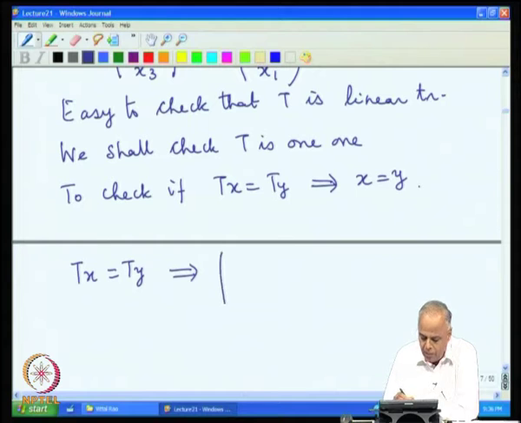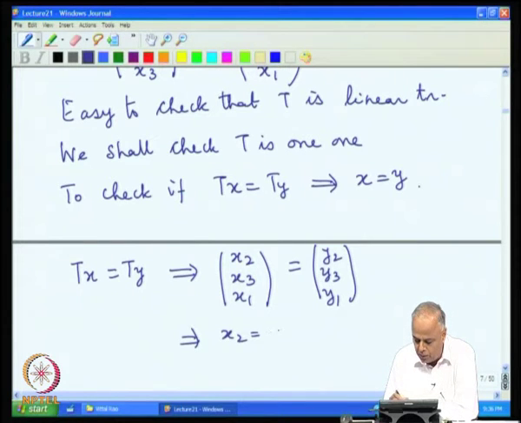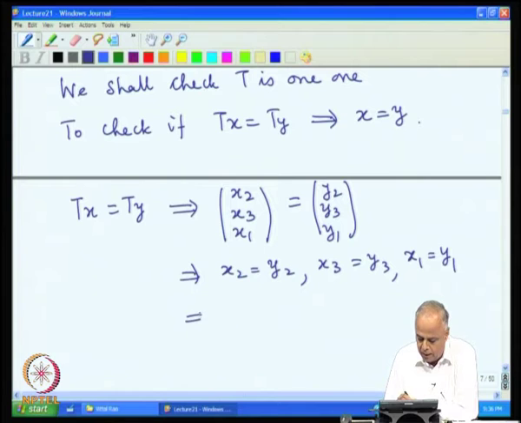T x means the vector x 1, x 2, x 3 is taken to the vector x 2, x 3, x 1. T y, the vector y 1, y 2, y 3 is taken to y 2, y 3, y 1. Now, comparing this, we get x 2 is equal to y 2, x 3 is equal to y 3 and x 1 equal to y 1, which implies the vector x is equal to y.